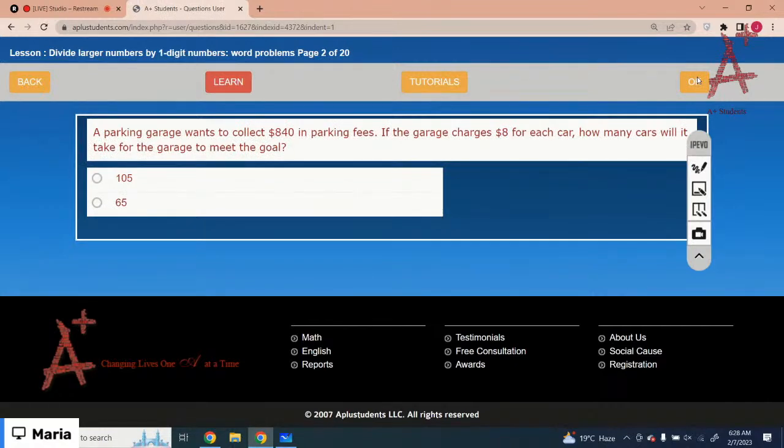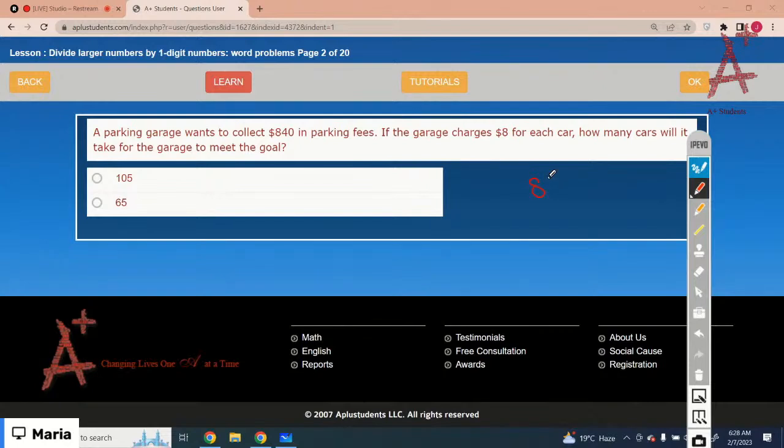Okay, the next one is a parking garage wants to collect $840 in fees. If the garage charges $8 for each car, how many cars will it take for the garage to meet the goal? So you just divide 840 by 8. 8 times 1 is 8.